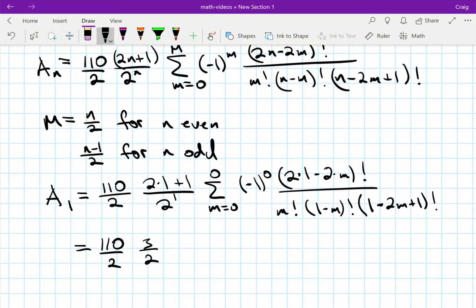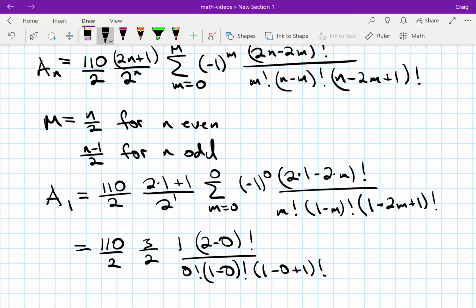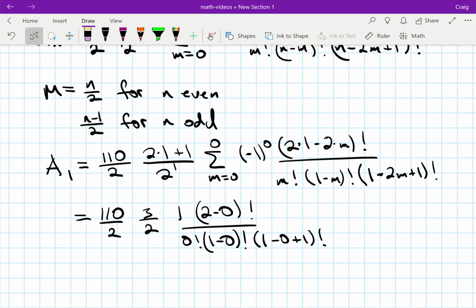So this is going to be negative 1 to the 0, which is 1. And then I have 2 minus 0 factorial divided by 0 factorial, 1 minus 0 factorial, and then 1 minus 0 plus 1 factorial. When the smoke clears, that's a 110 divided by 2, 3 halves.